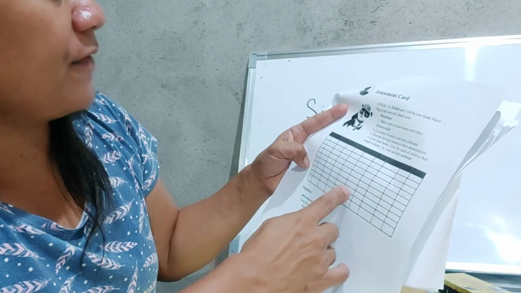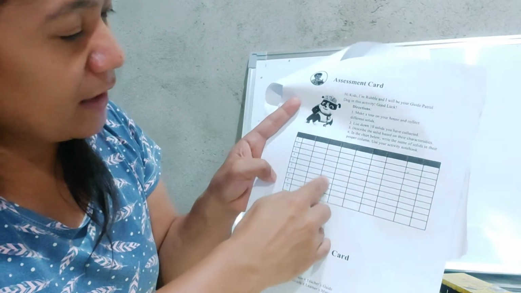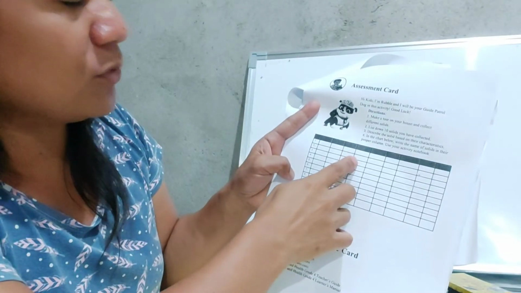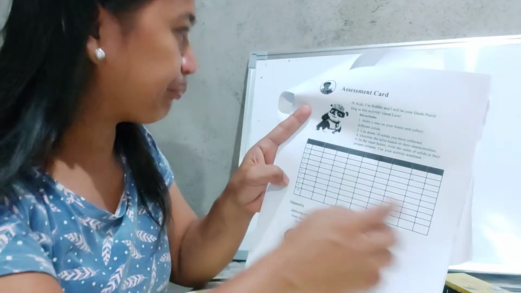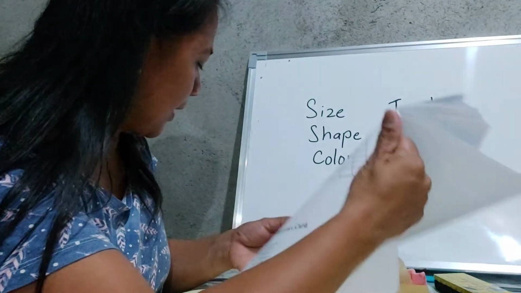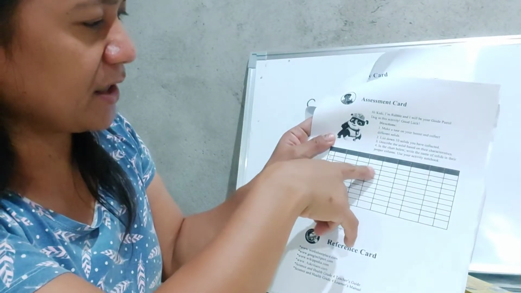And then we have color, madali na naman pong masagutan kung anong color ang object na nakita natin. According to texture, pwede ditong gamitin natin rough, smooth, hard, or soft. So, yung magiging texture natin dito.